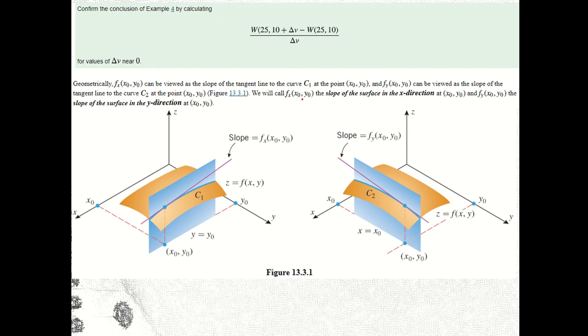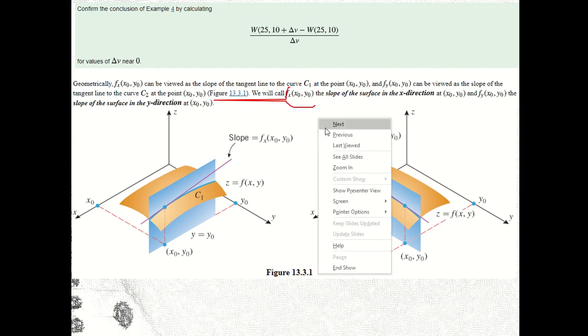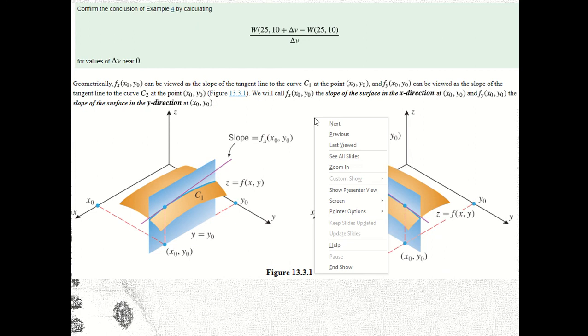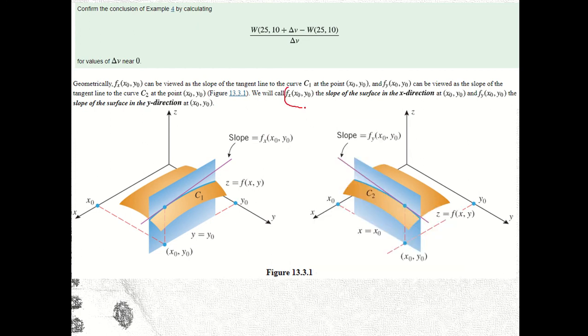So we call it the slope of the surface in the x direction at the point with the coordinates x sub 0, y sub 0.